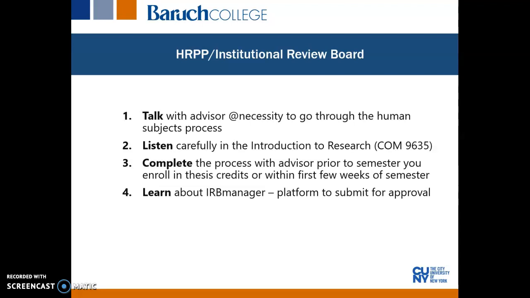Not all final projects will require what's called human subjects approval before conducting the research, yet some projects will require this step and you need to build in time. Talk with your advisor about the necessity to go through the human subjects process, and be sure to listen carefully in the Introduction to Research Methods class to learn more about the requirements.